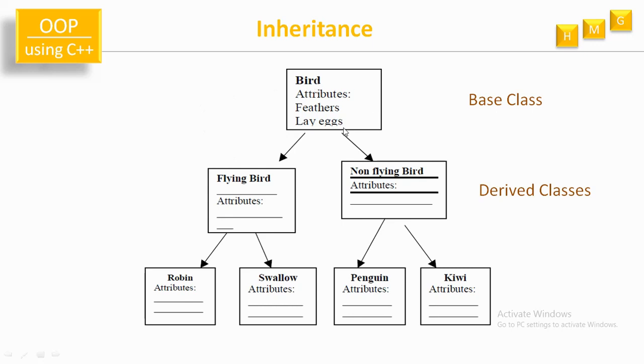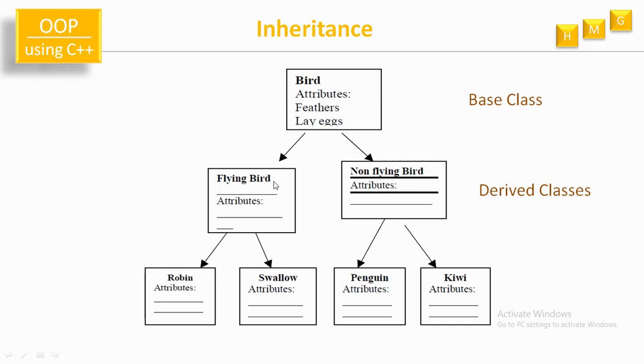Here bird is one class which has certain features like feathers and lays eggs. This means every bird has feathers and every bird lays eggs. So these are the common attributes or features of a bird. Now from this bird class I can create or define two other new classes.